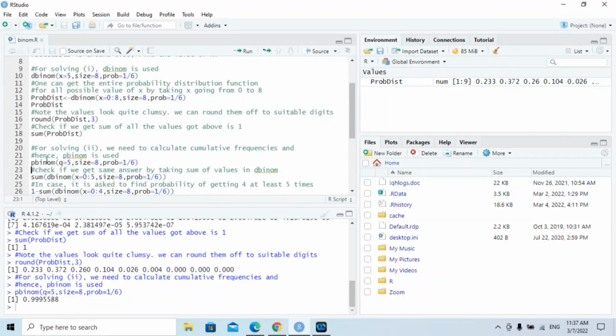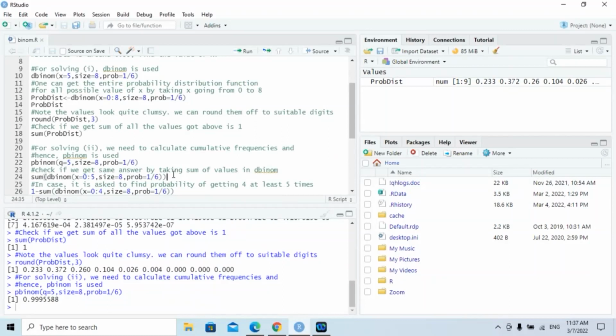So we can take the sum of the entries in that vector. Here we write this combination of dbinom where x goes from 0 to 5, so that the probability distribution from 0 to 5 would be created, and then we take the summation. So this is a combination of 2 commands, and let us enter that.